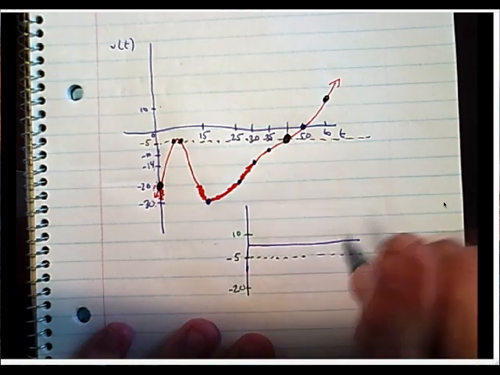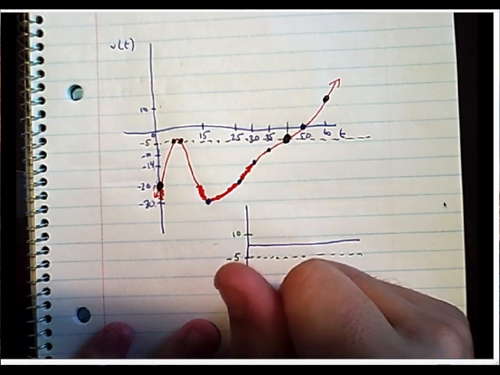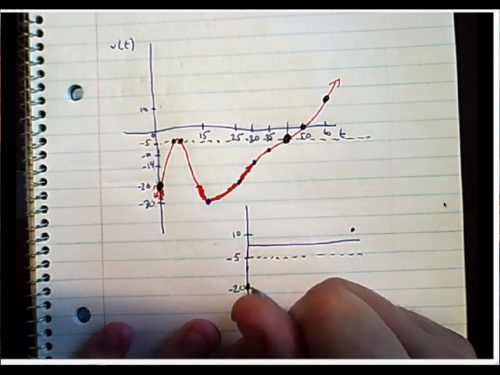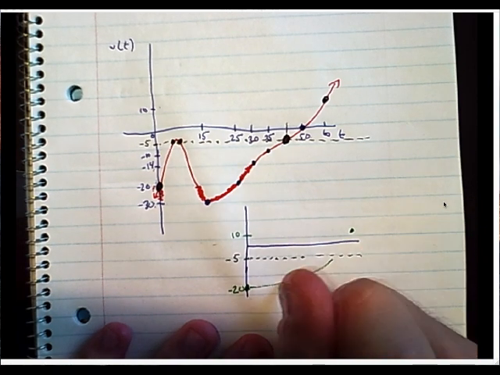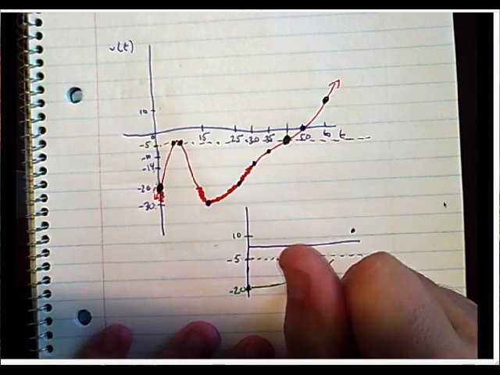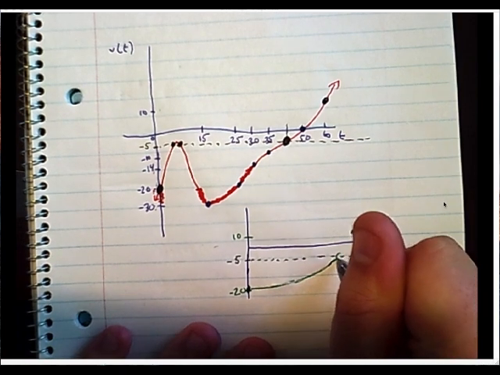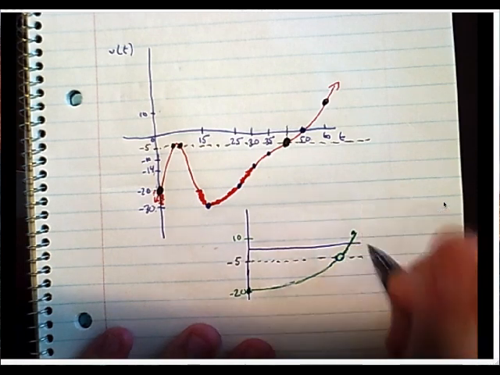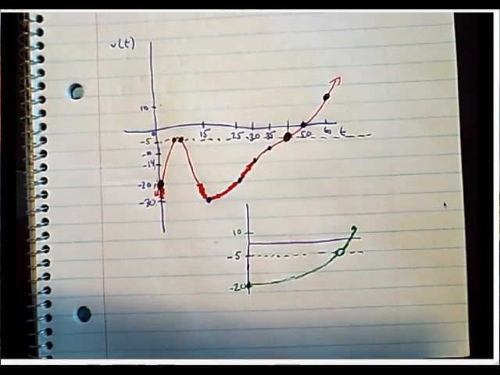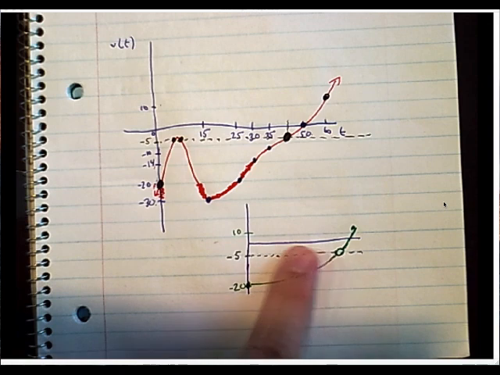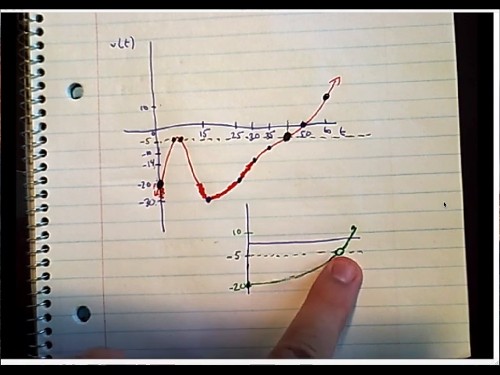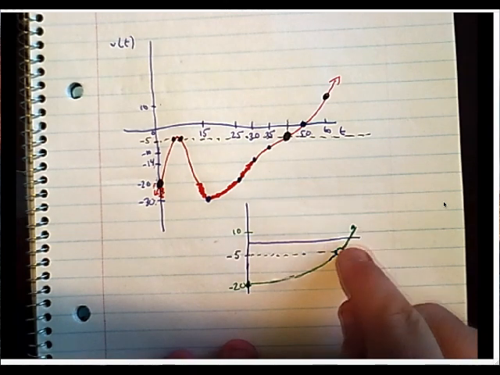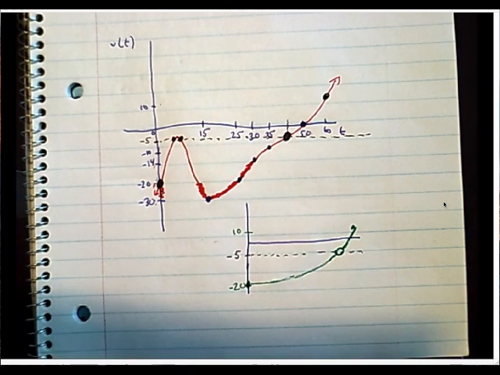If we didn't have the continuity piece, the graph could go like this. Let me draw a function that's almost continuous but not quite. What about if we got a circle right there? On this velocity graph, there's no y value of -5. It could be an open circle. So that's why we need the first part. That's why the graph has to be continuous for the intermediate value theorem to work.